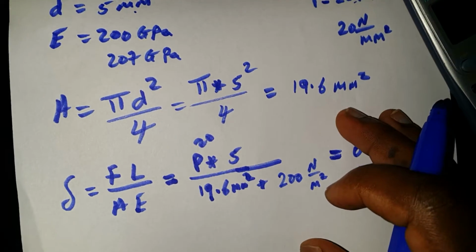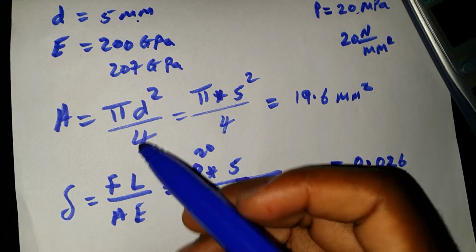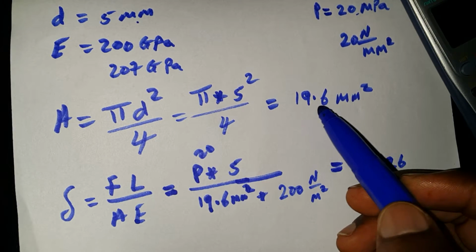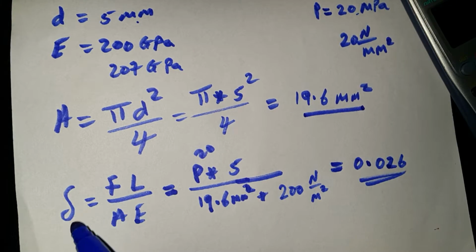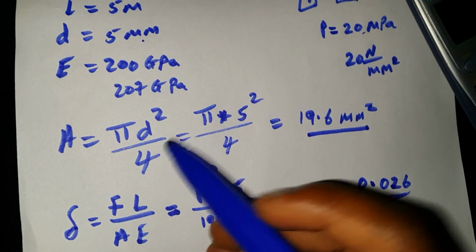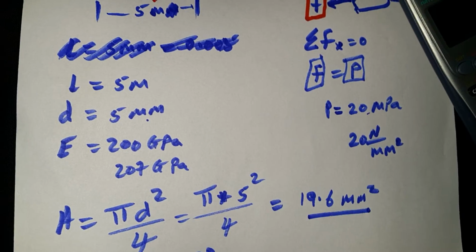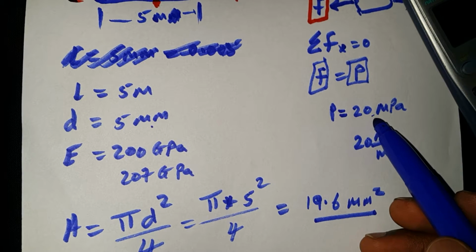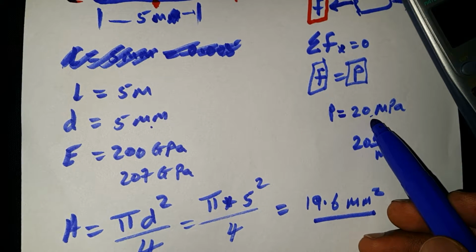Here, what I did is this. We solved for the area. We found this. We put in these values. We put what we found in the deformation formula. We put our force, which we said is given as 20 Newton, 20 megapascal.